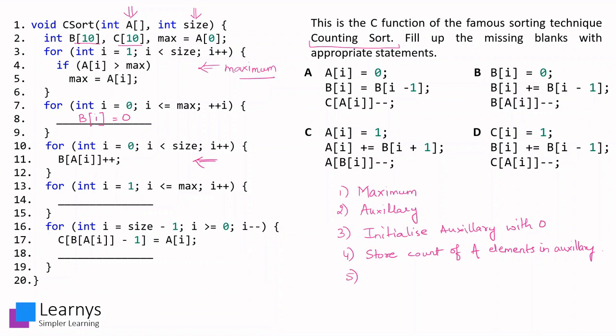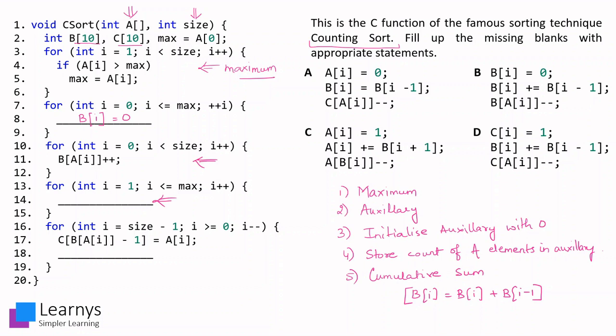Then in the next step, we store the cumulative sum of every element in the auxiliary array. For that cumulative sum, what we do is we add the current element value to its last element value. That is, we do something like B of i is equal to B of i plus B of i minus 1. So this statement is going to come in line number 14.